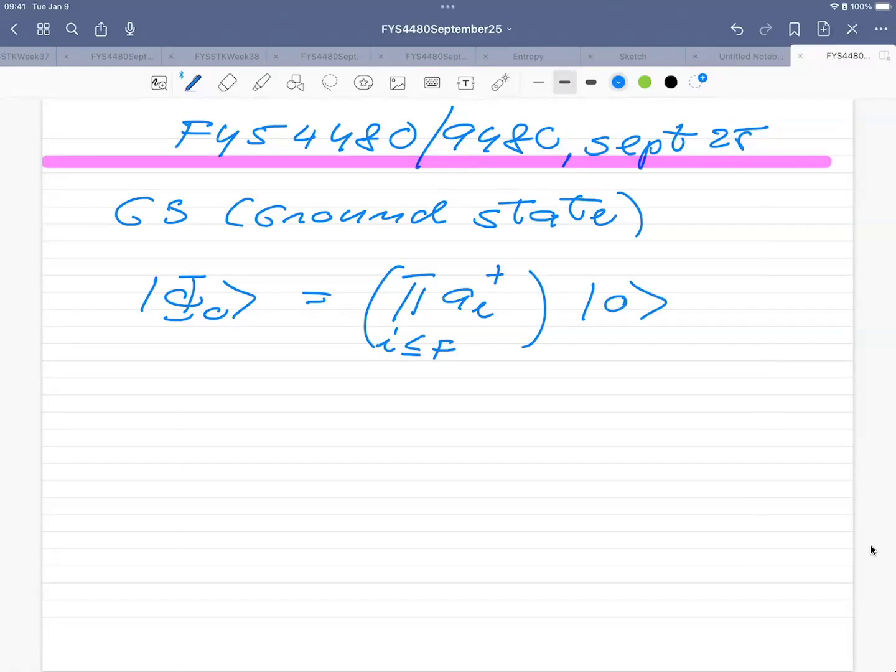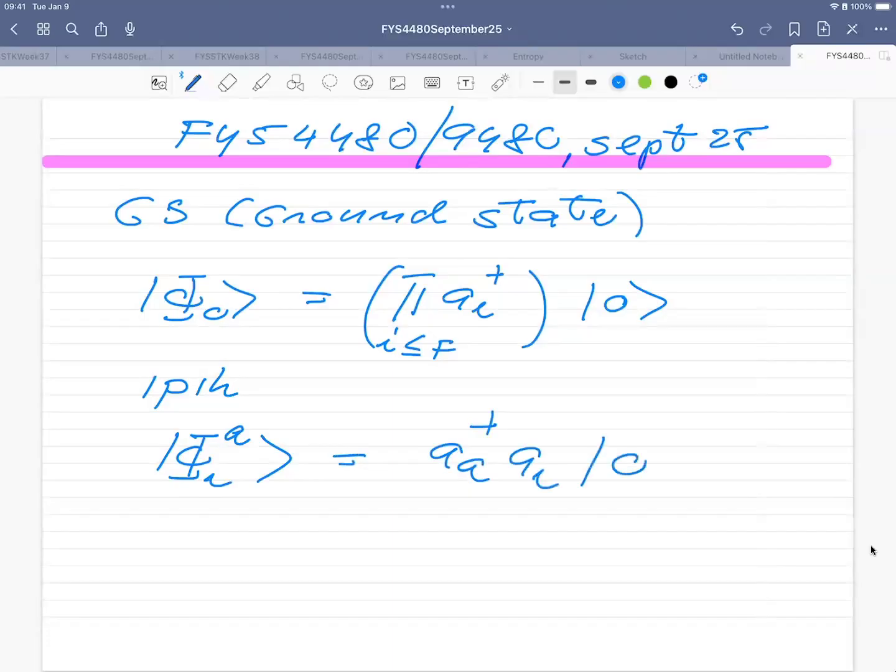Then what we could do is to define a one particle, one hole state, which is just another way of distributing the single particle states. And we put a subscript i to indicate that this is a state below the Fermi level, and a superscript a to indicate that that's a state above the Fermi level. And this is something which we then would write as a creation operator, and then we annihilate a particle below the Fermi level.